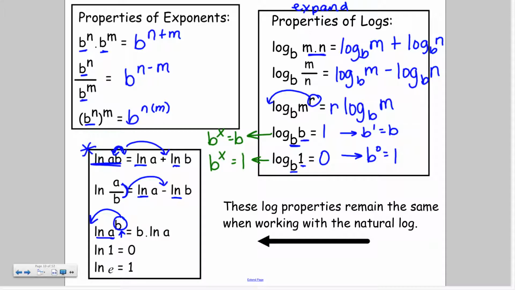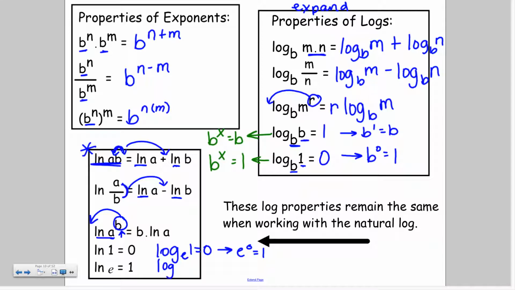Then this is log base e of 1. That is 0, because this is just like saying log base e of 1 is equal to 0. Anything to the 0 power is 1. If we write that in exponential form, you'll see. And then the last one, the log base e, or the natural log of e, is equal to 1.